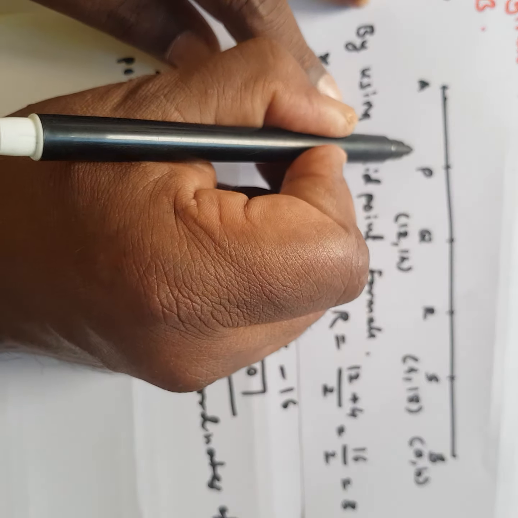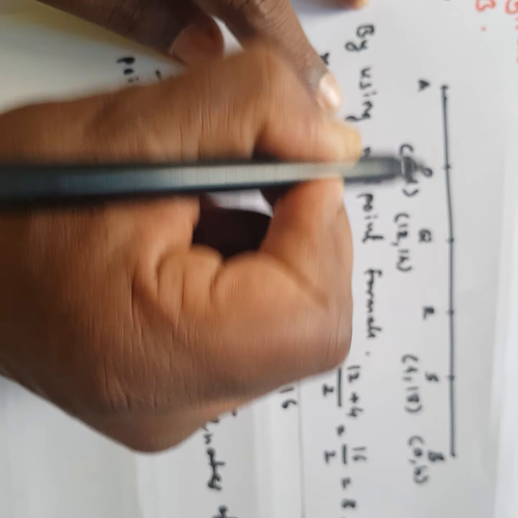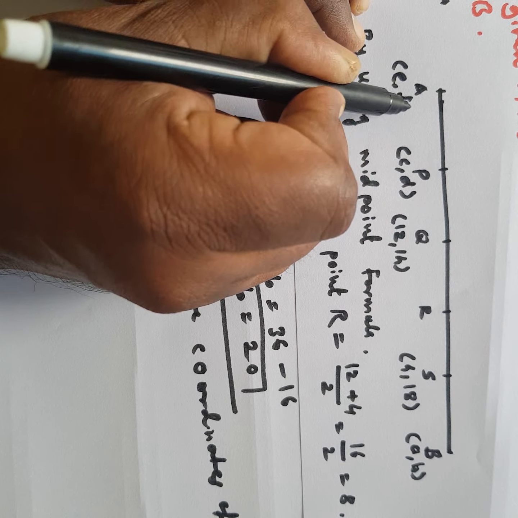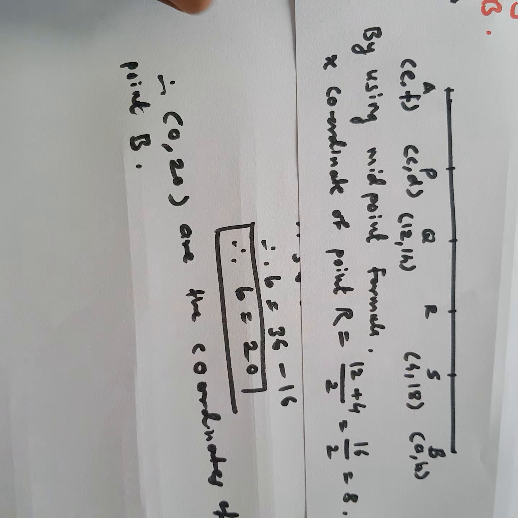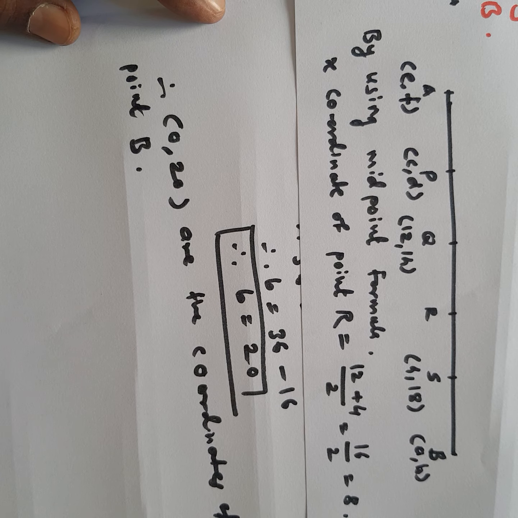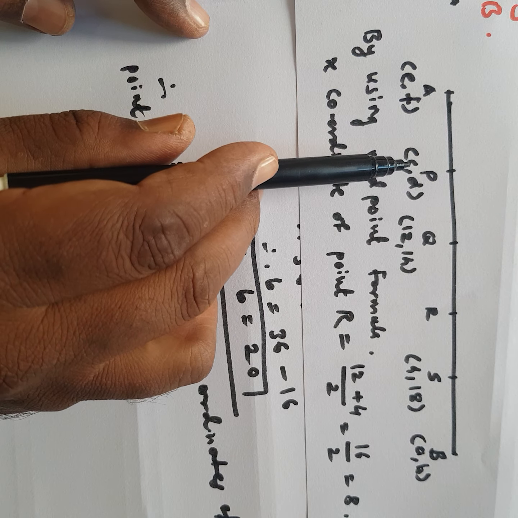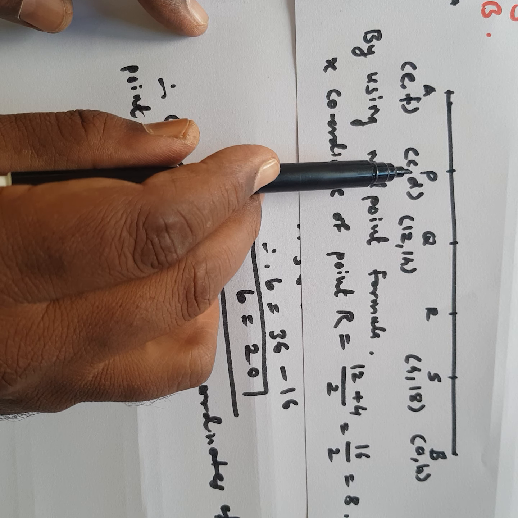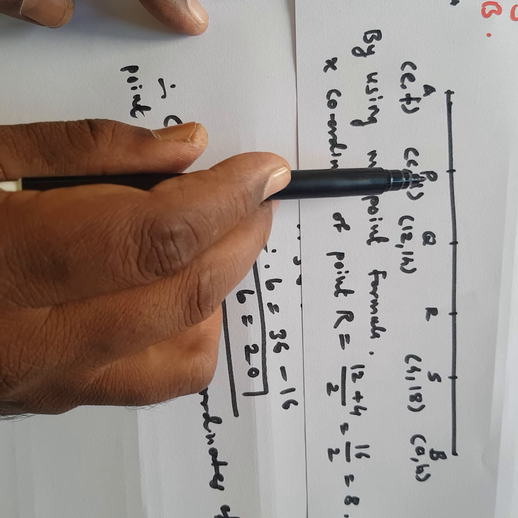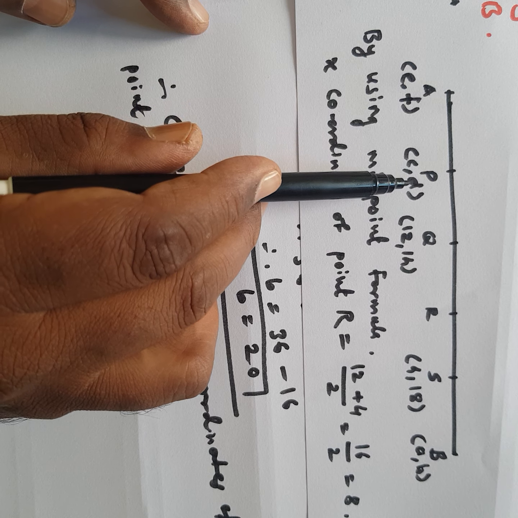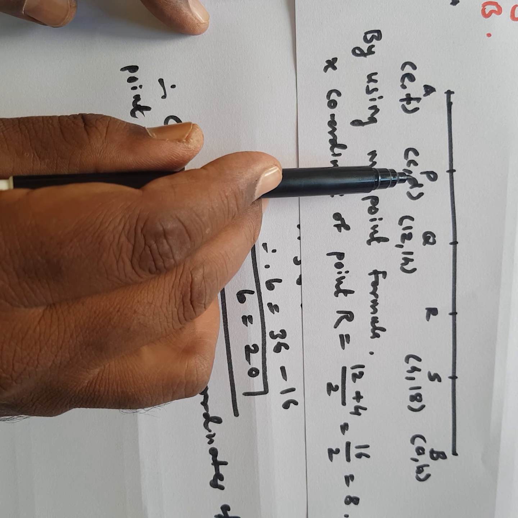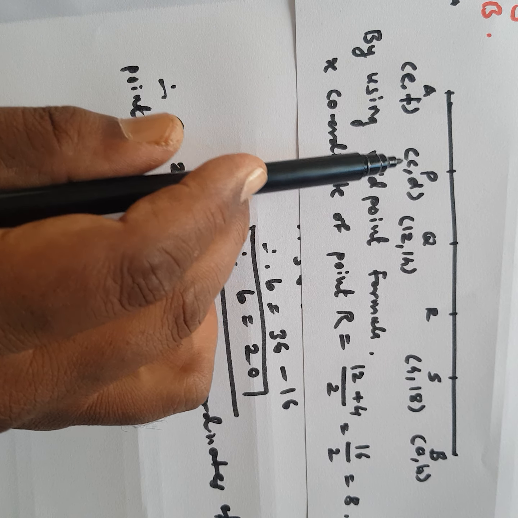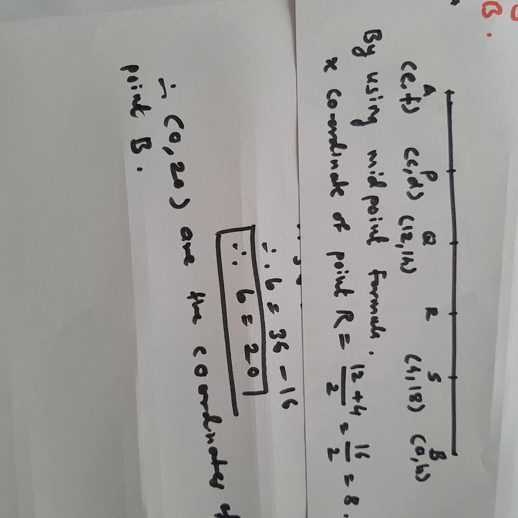Now suppose C, D are the coordinates of point P. For finding the coordinates of point P, that is C and D, we have to use segment PR, and Q is the midpoint.